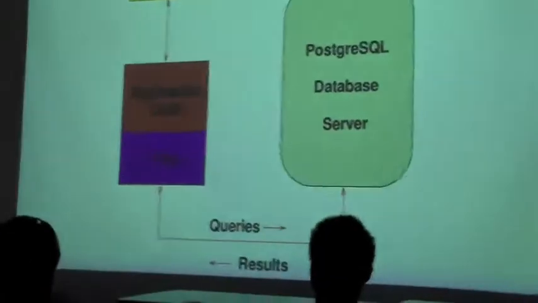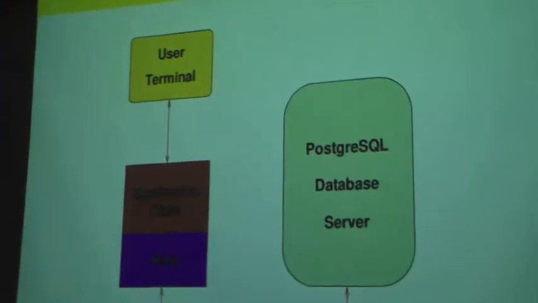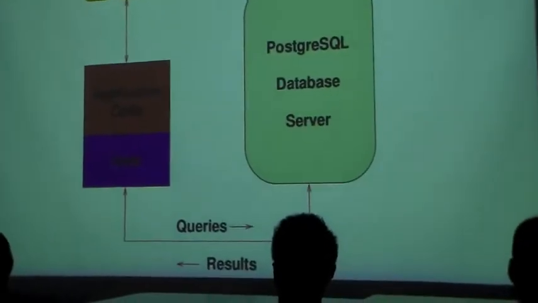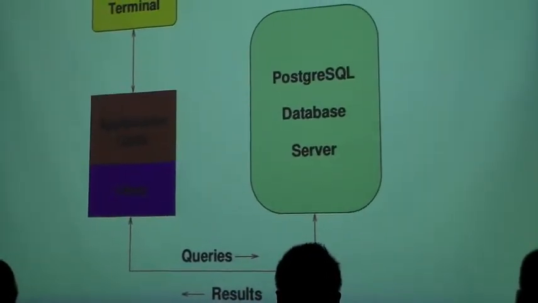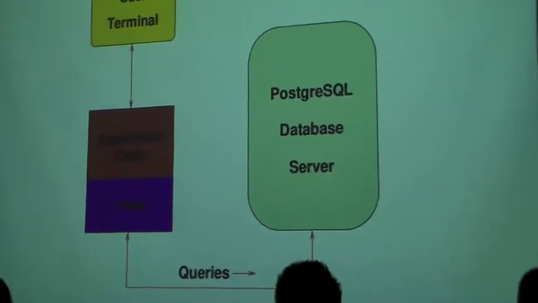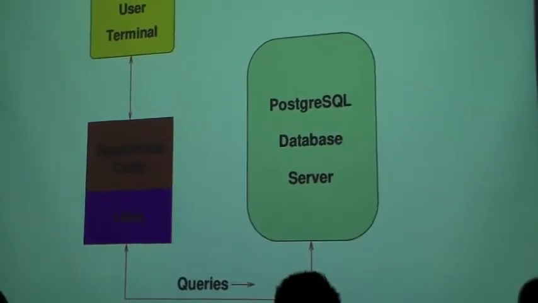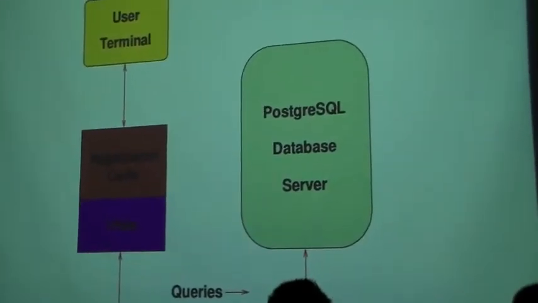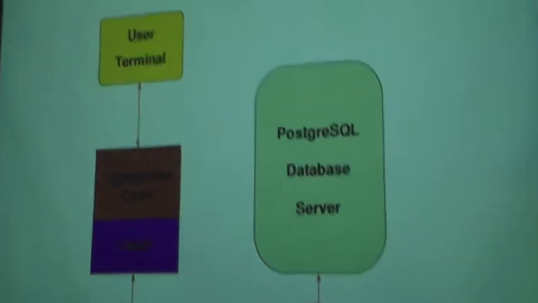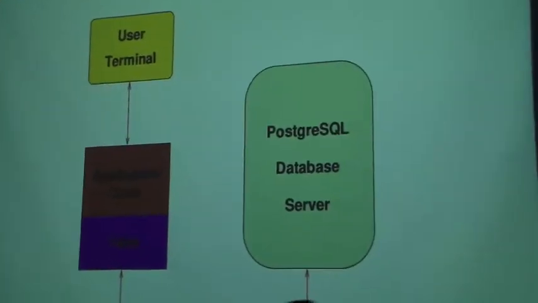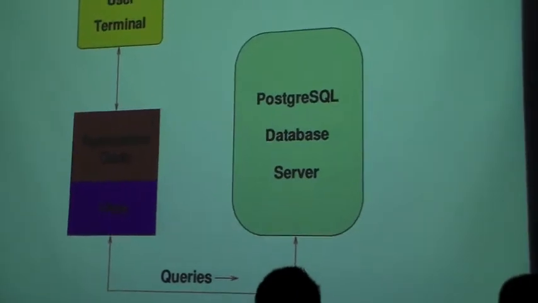I know a lot of people are keen on non-relational systems these days, looking at things that don't have an optimizer, but I think one of the things you're going to get out of this is understanding how much the optimizer helps you as an application developer not have to worry about a lot of the intricacies that you would have had to deal with before relational systems came around.